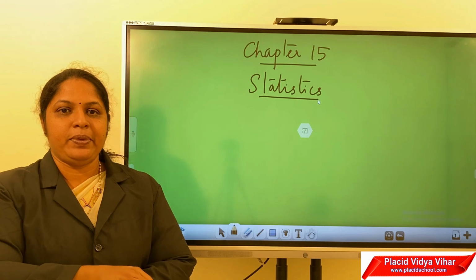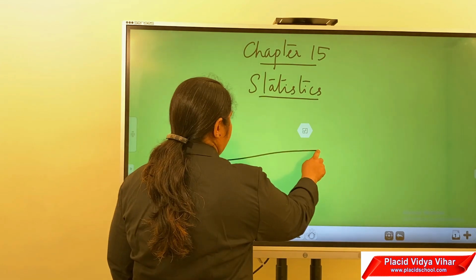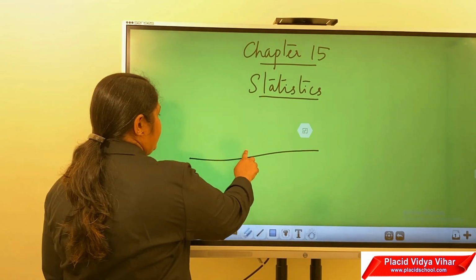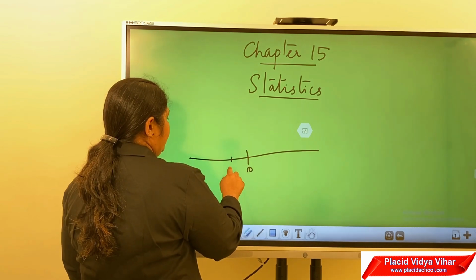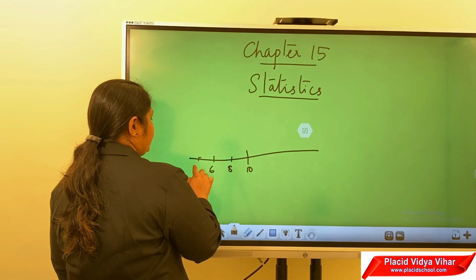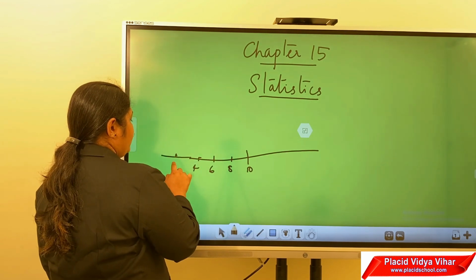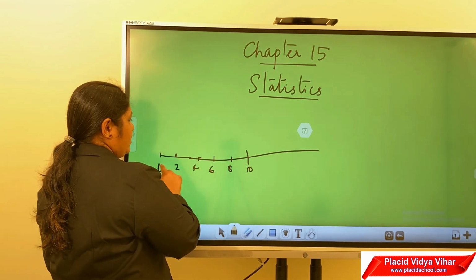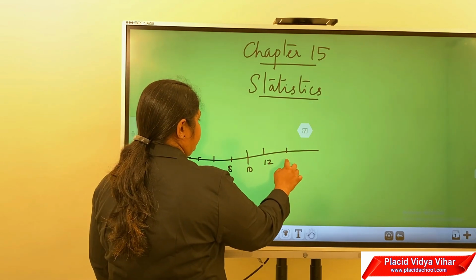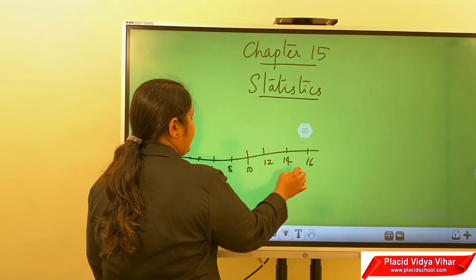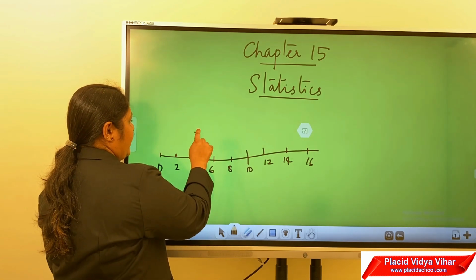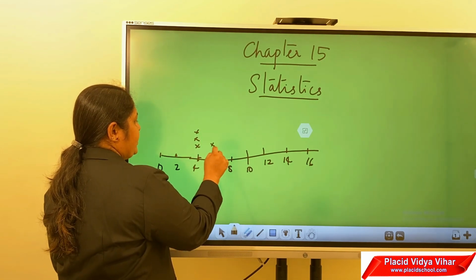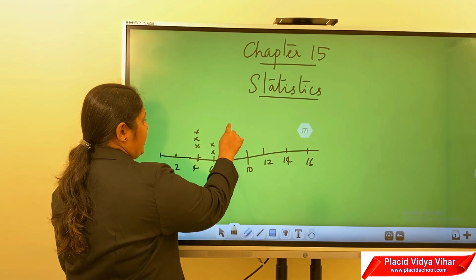For example, if we look here, this is a line, let this point be 10, 8, 6, 4, 2, let it be like this. There are some observations lying here, some observations lying here, some observations lying here.